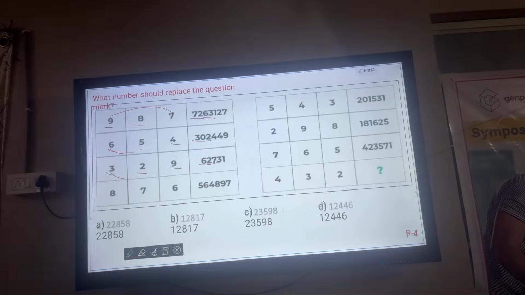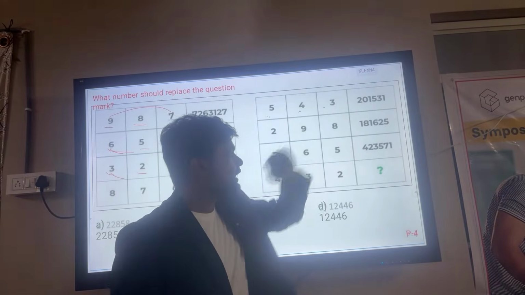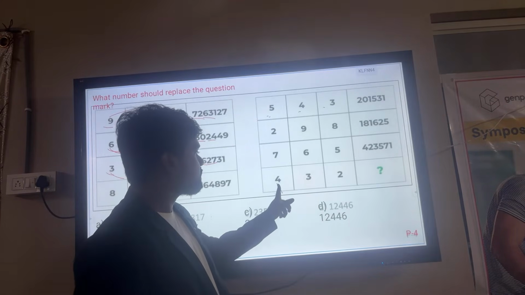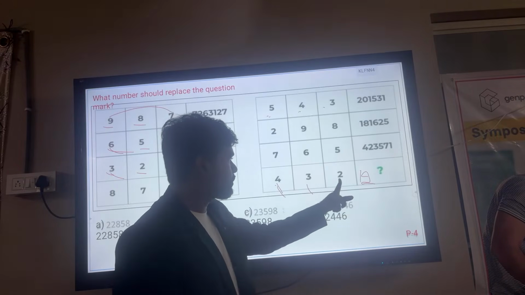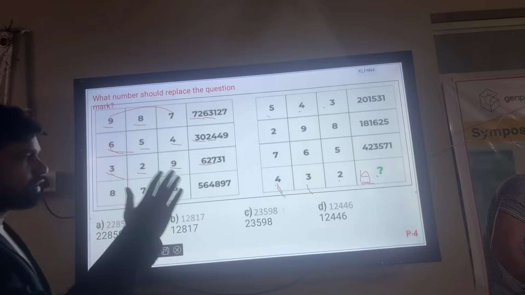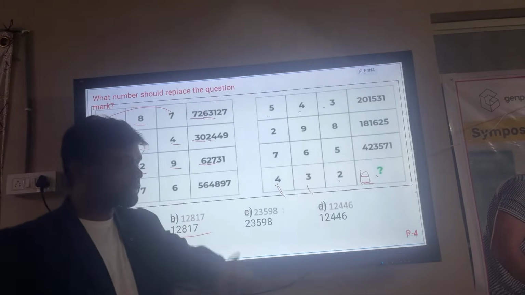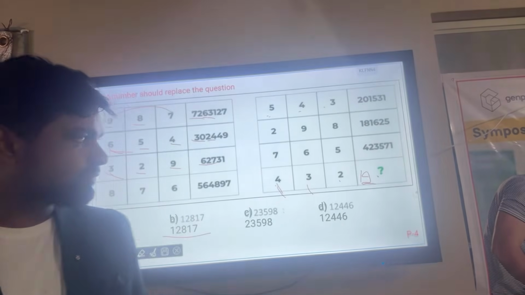Like that, apply the logic for this one also. 5 4s are 20, 5 3s are 15. In the same way, 4 3s are 12 and 4 2s are 8. So first 1 2 8. Which option is correct? Option B is the correct answer.